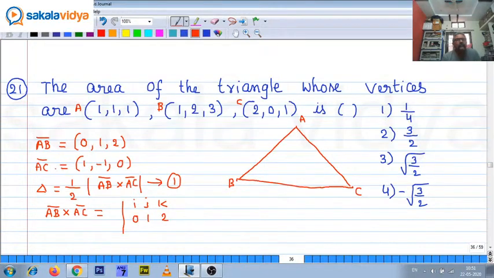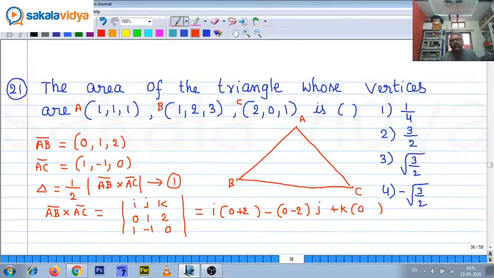Third row becomes the components of AC, that are 1, minus 1, 0. So i multiplied by (0 plus 2), and minus j multiplied by (0 minus 2), plus k multiplied by (0 minus 1). This equals 2i plus 2j minus k.